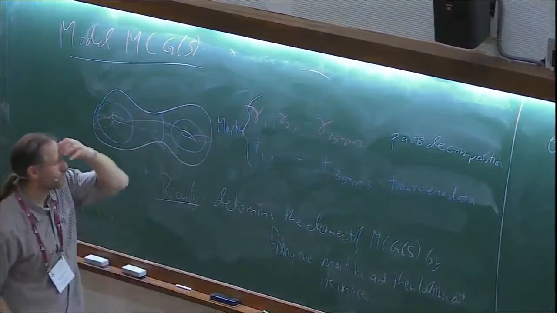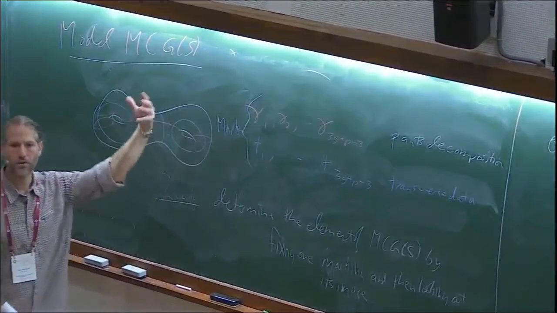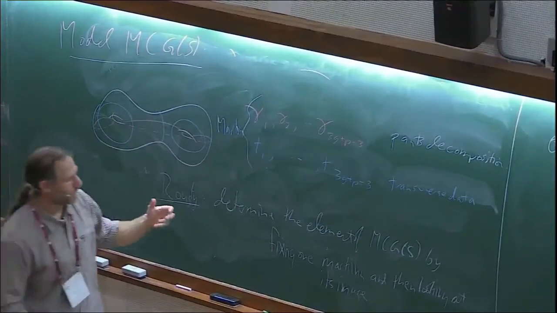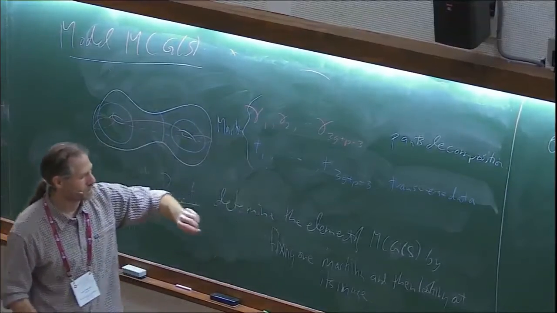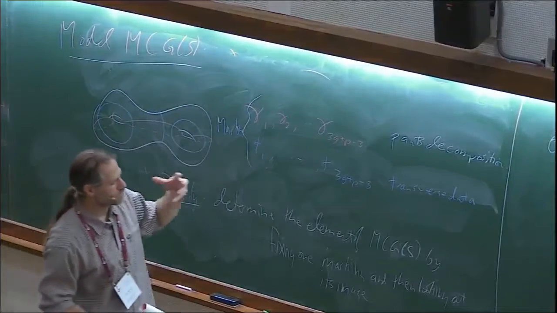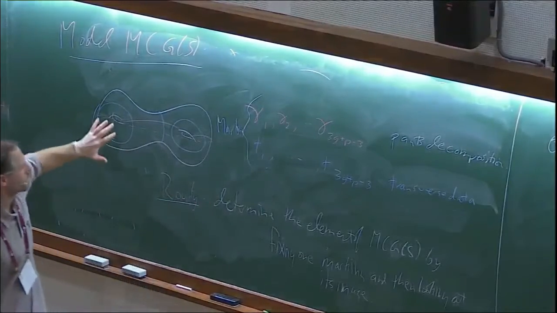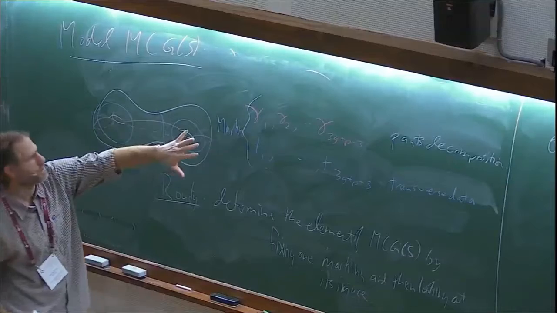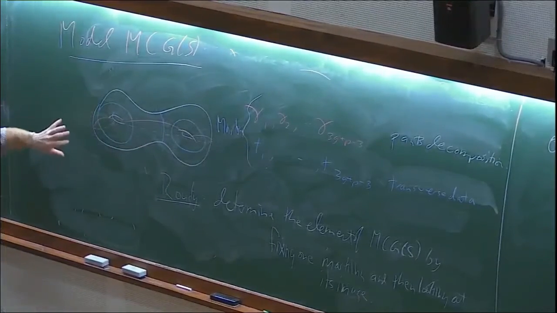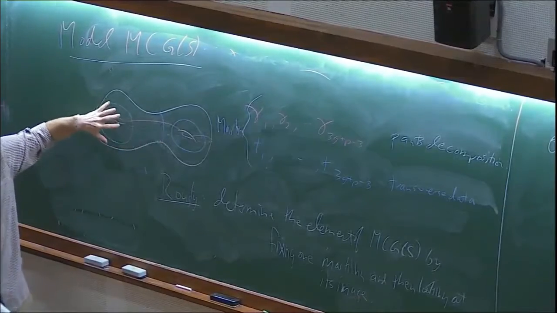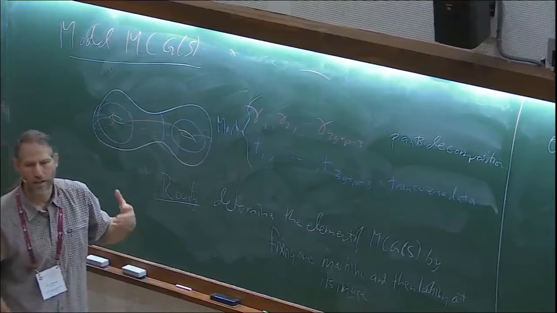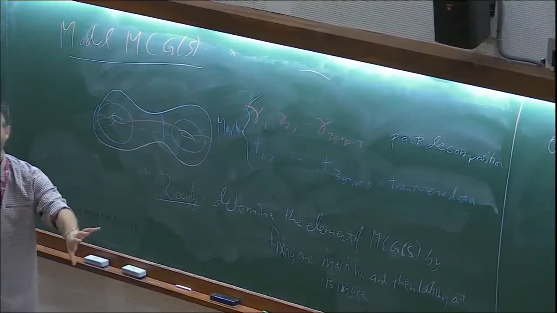Okay, and you can turn this set of markings into a simplicial complex in its own right, and you can measure distance there. It turns out that this gives you a nice geometric model for the mapping class group. But for this talk, I want to think about mapping class groups in terms of the orbit of one of these markings, because given any element of the mapping class group, there's a nice way to project to a curve complex.